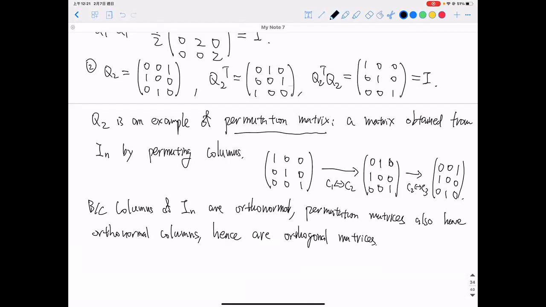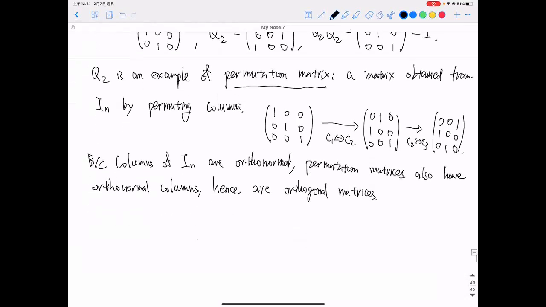All right. So now here come some properties of orthogonal matrices.